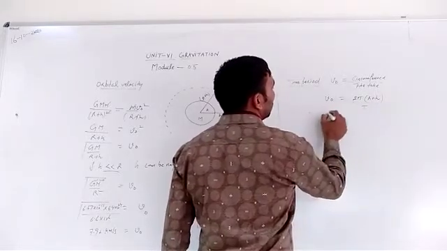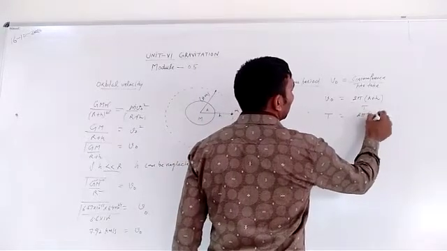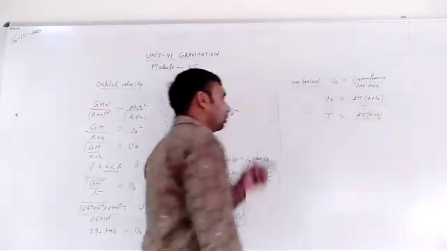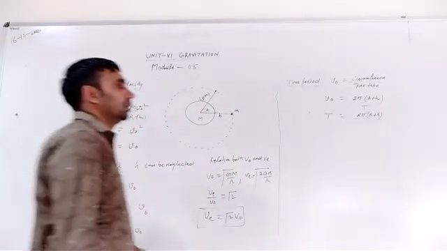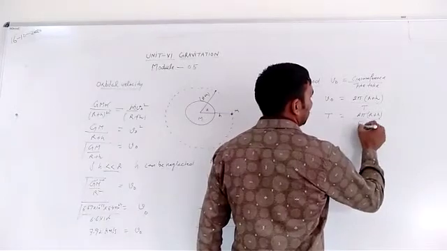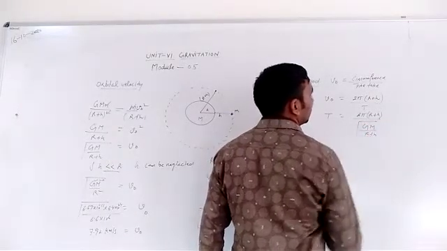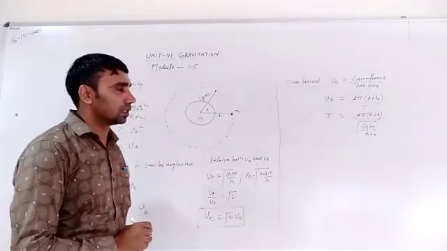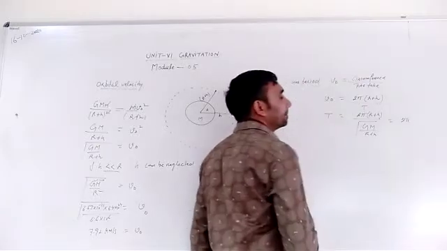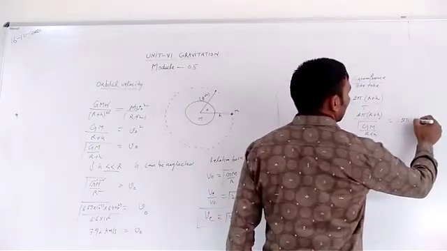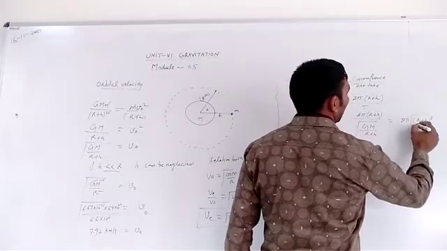Therefore, T is equal to 2 pi (R plus h) divided by orbital velocity. Putting the value of orbital velocity, which is under the root GM divided by (R plus h), this can be written as T equals 2 pi under the root (R plus h) to the power 3 upon GM.